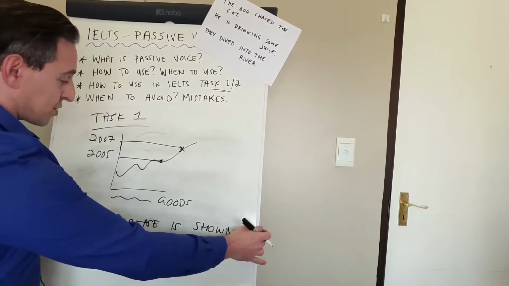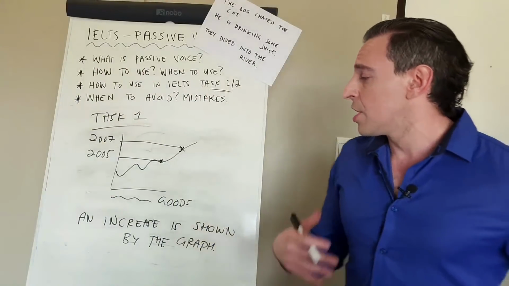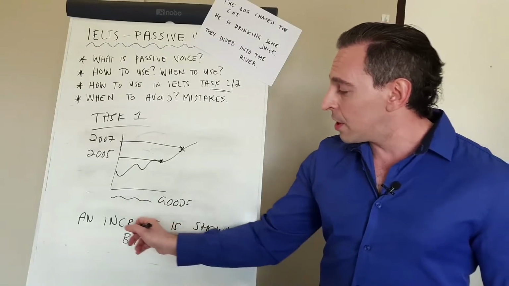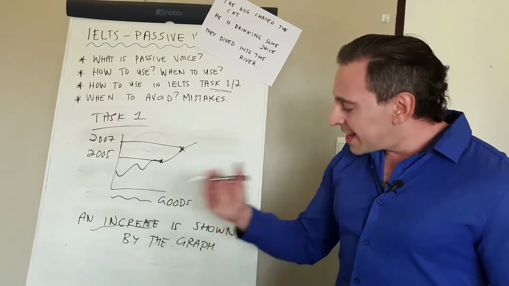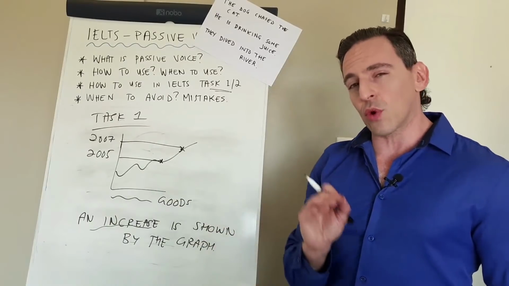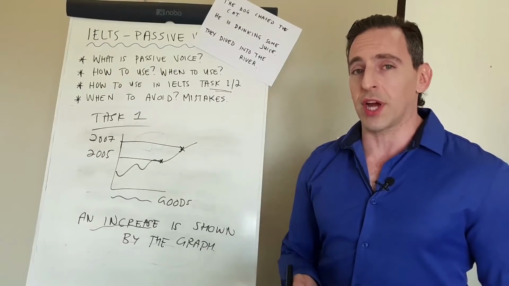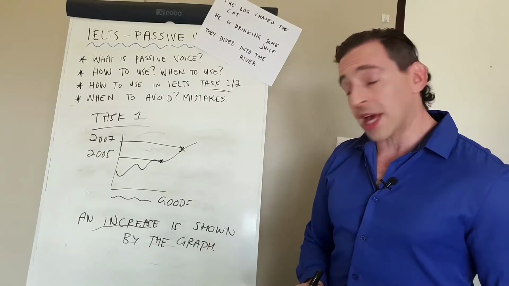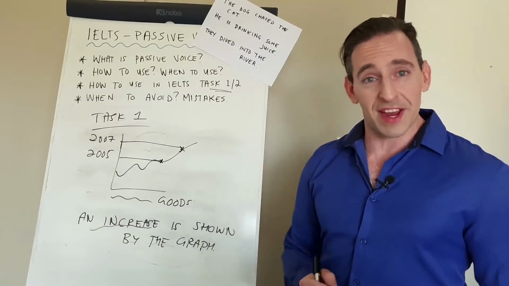So instead of just talking about the graph shows an increase, the graph shows a decrease, the graph shows this, the graph shows that, you want to look at it from the object's point of view, the increase, the decrease. It is shown by the graph. It's a small change, but again, it adds variety to your writing. So that is another way to use passive voice in task 1 to try and get that better band.